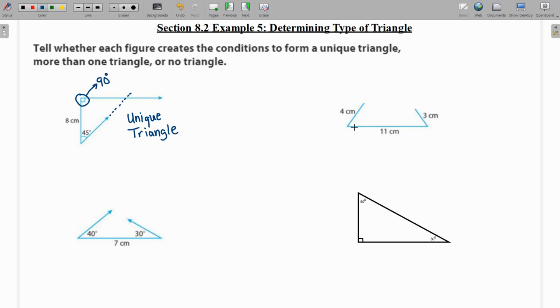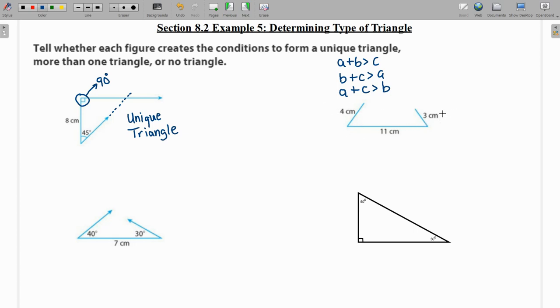This type of problem reverts back to those 3 criteria that we did in example 1, where the sum of A and B has to be greater than C, the sum of B and C must be greater than A, and the sum of A and C must be greater than B. If any of these criteria are not met once we assign values to A, B, and C, then this can never be a triangle.